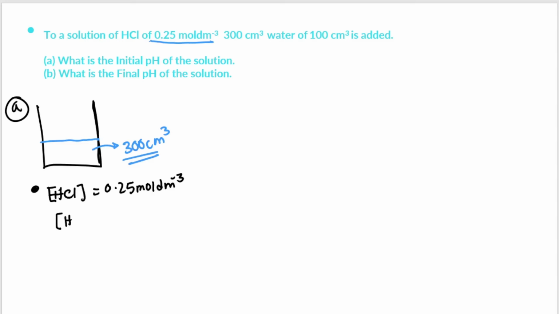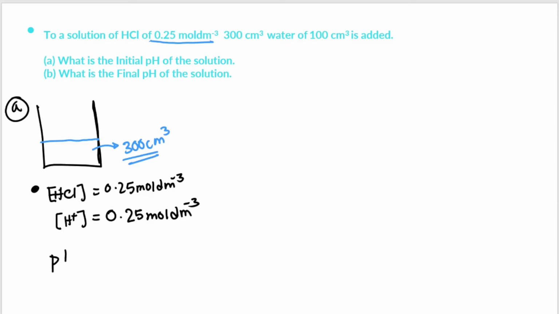Therefore, the hydrogen ions also have a concentration of 0.25 moles per dm cube.